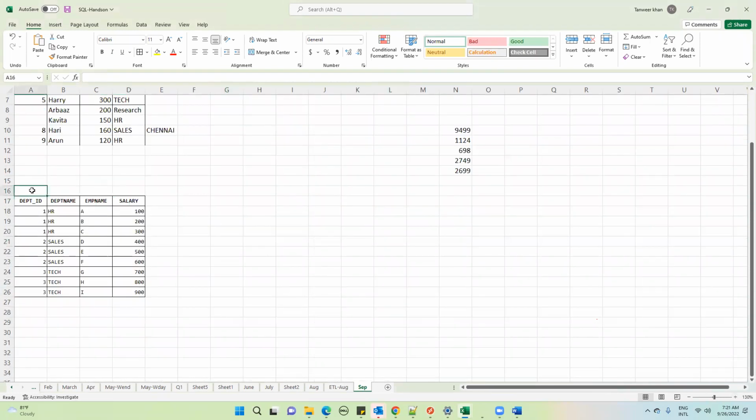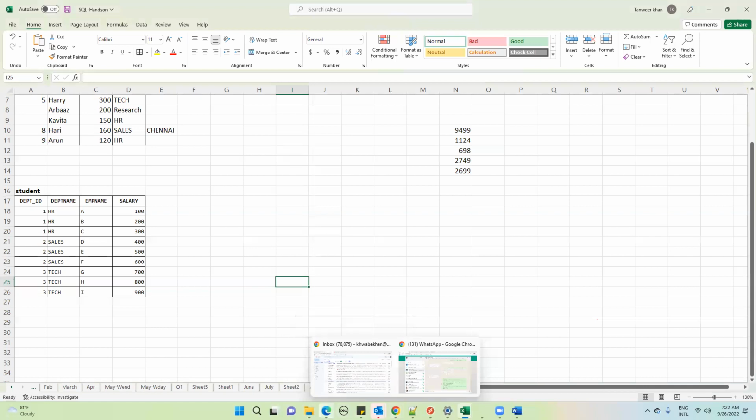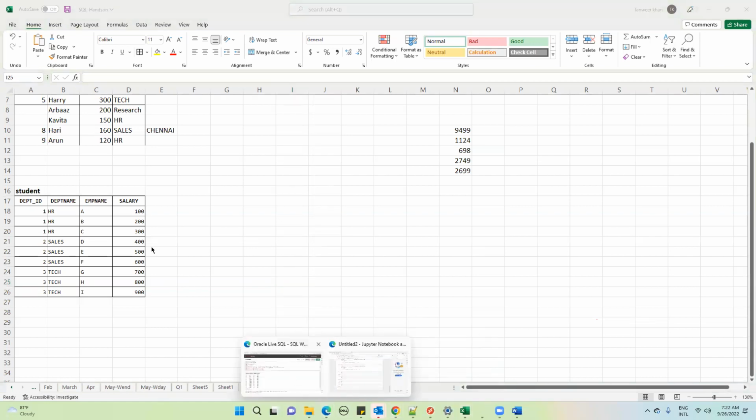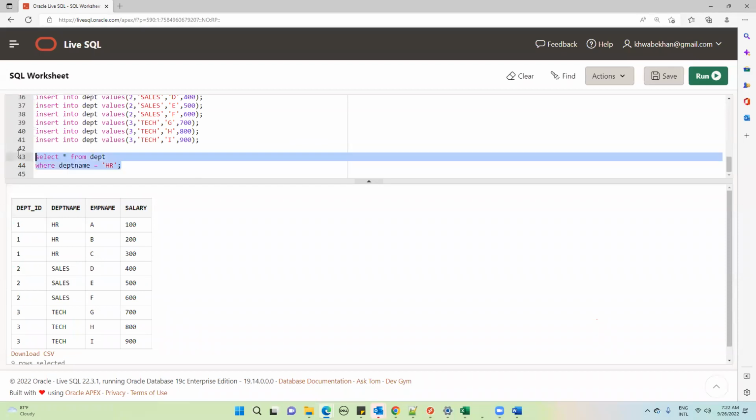The reason is you don't know the basics of how the engine works. The reason is you don't know the internal mechanism of each and every keyword. So I will try my level best to make you understand how it works.